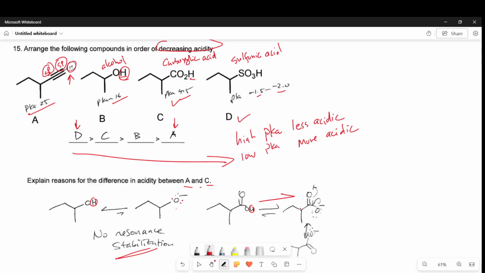But if you take this after ionization, after it loses its proton as an acid, this is a carboxylate anion. Carboxylate anion is resonance stabilized.